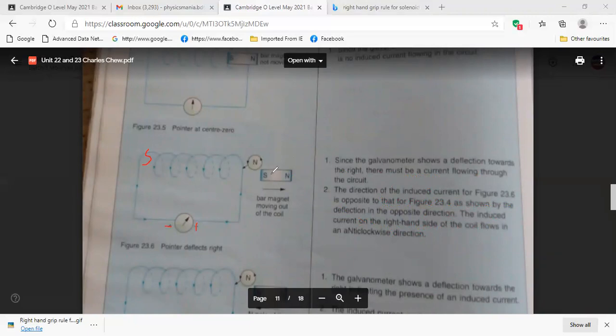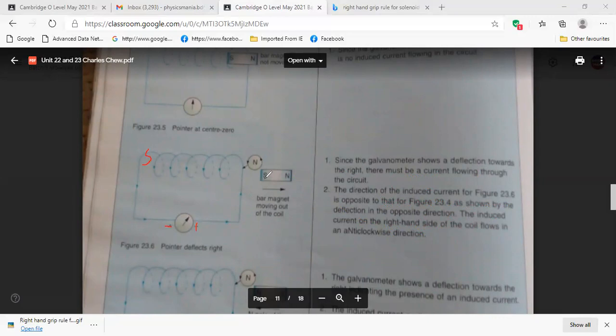And what will this not allow now? Look, if north pole is created here and here it is south pole already, so what will happen? North pole will attract south pole. So it will attract, that means it will not allow the magnet to move far away.